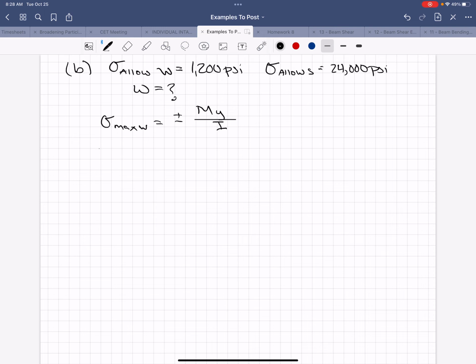So we plug in 1200 psi equals M times y, which stays the same at 6 inches, I stays the same at 2064 inches to the fourth, and we get a moment from the wood equal to 412,800 pound-inches.